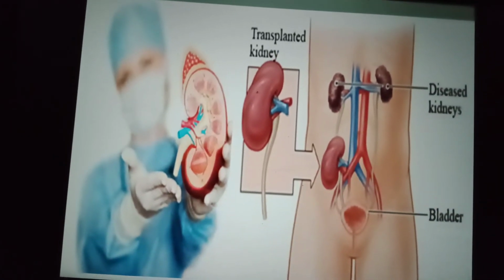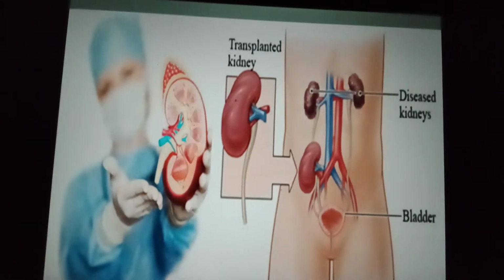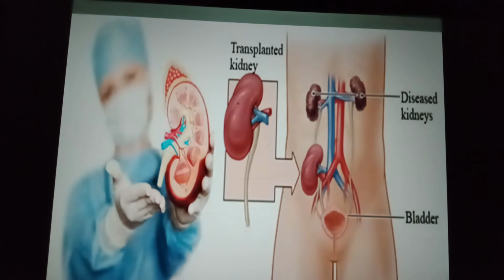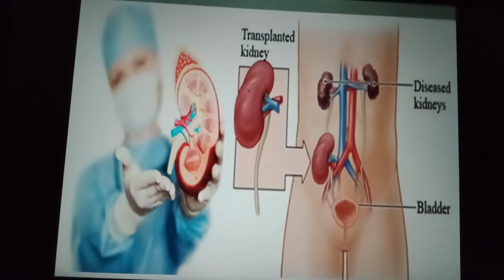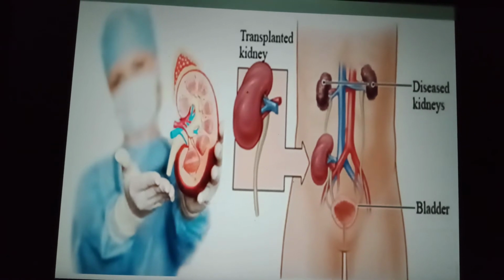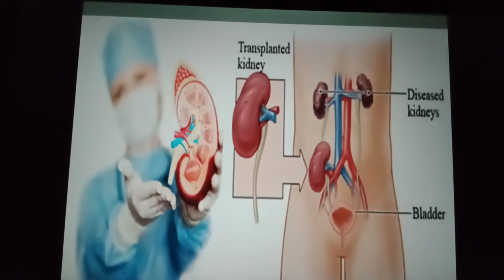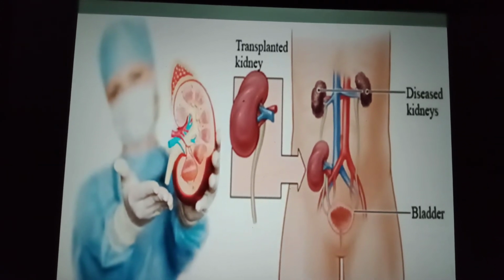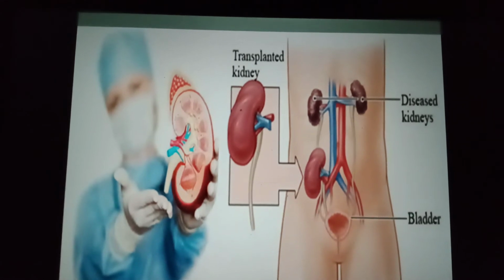The next subtopic is kidney transplantation. We know that dialysis needs to be repeated after every few days and is unpleasant to patients and attendants. So there should be another treatment for the end stage of kidney failure. So it is kidney transplantation.